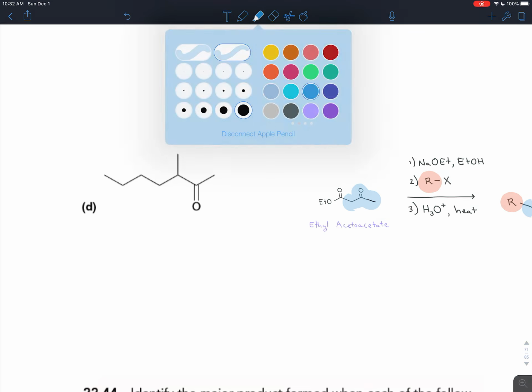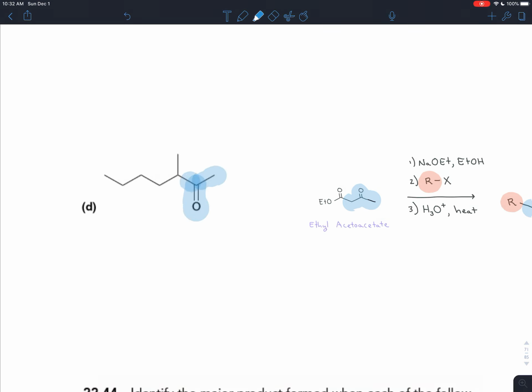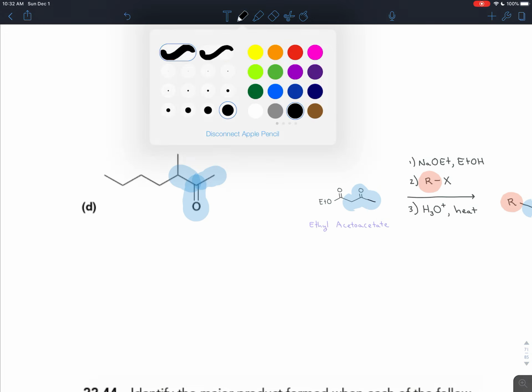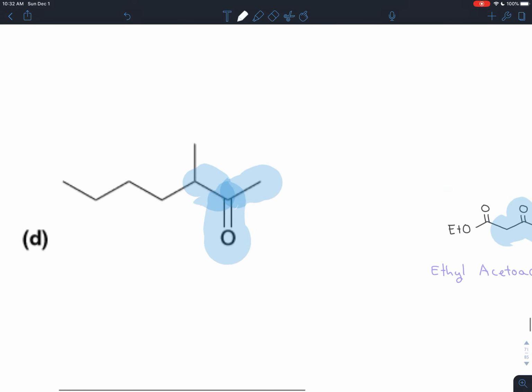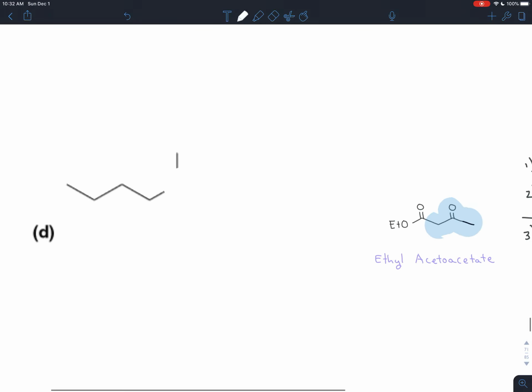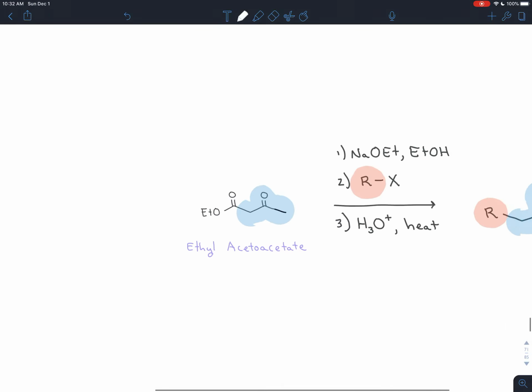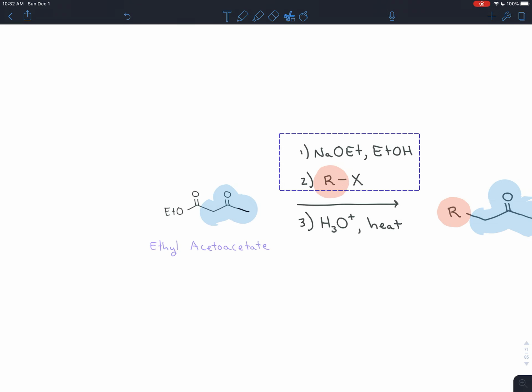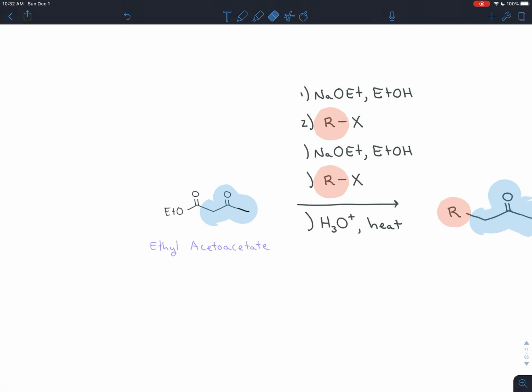So you would identify that group, the carbonyl group and the carbons on either side, and once you have that, erase those. Those will come from ethyl acetoacetate. So when those are gone, you see that you have 2 carbon chains that are separated. That means that we're going to have to do these first 2 steps twice, once to put on each carbon chain. So we'll adjust the numbers here.